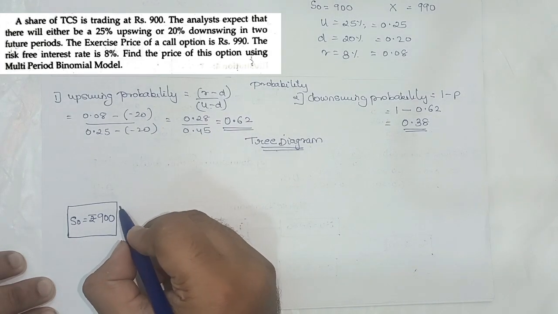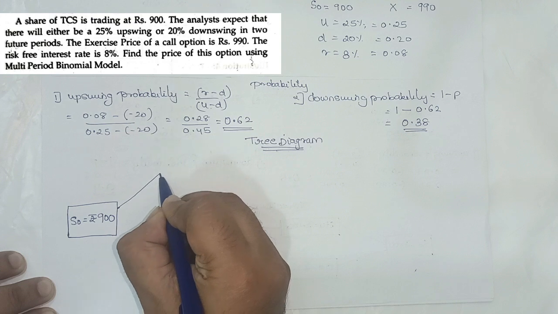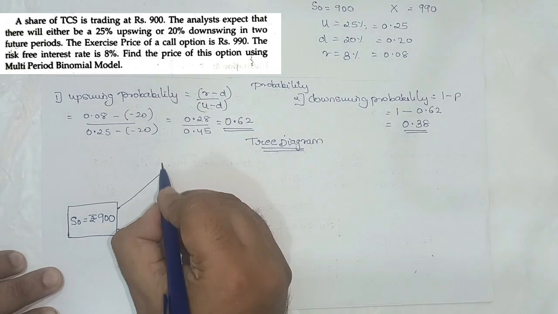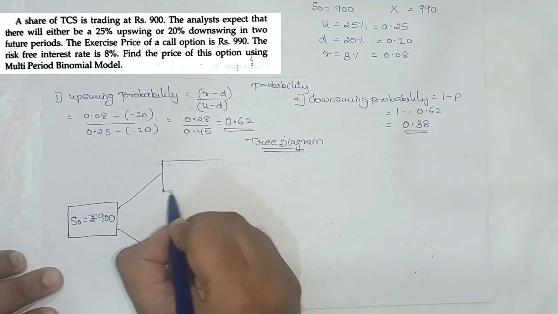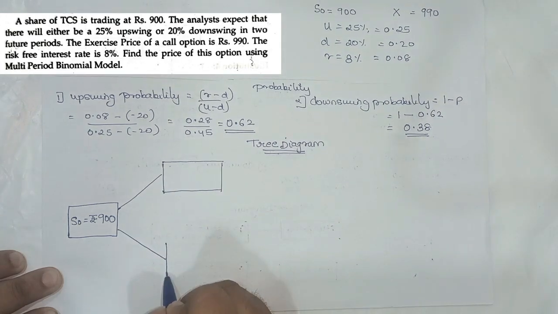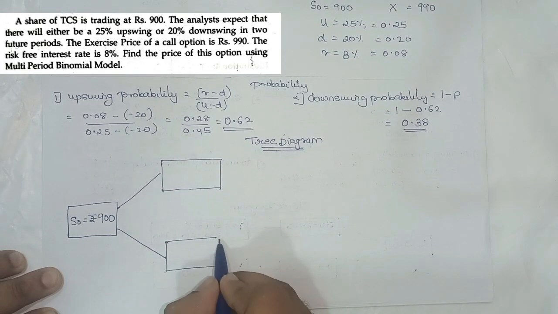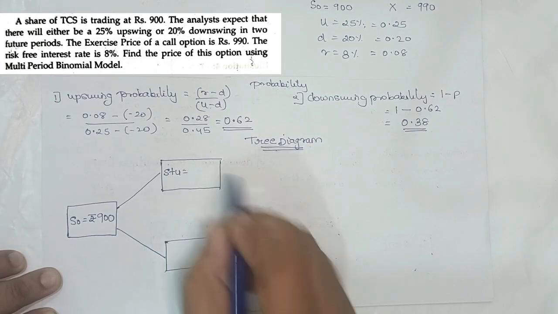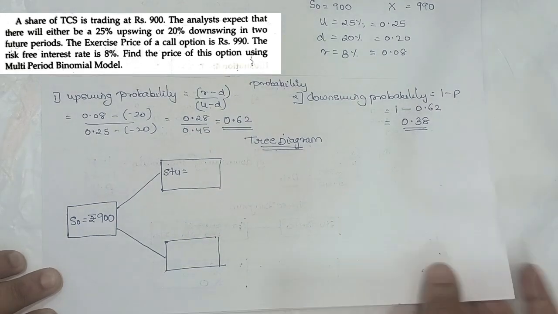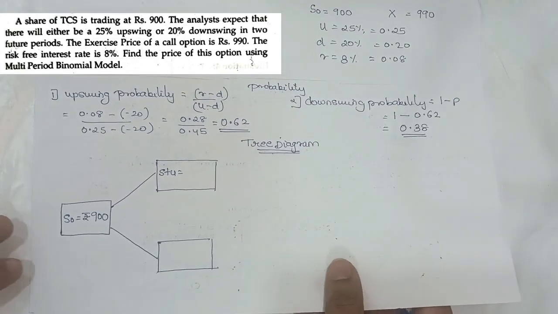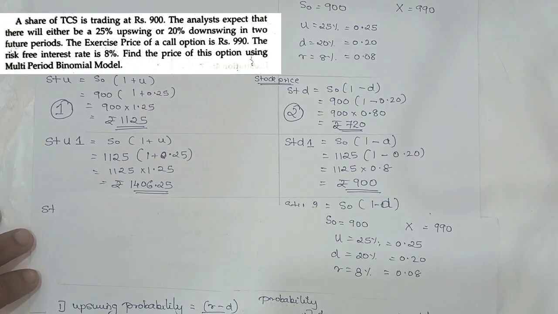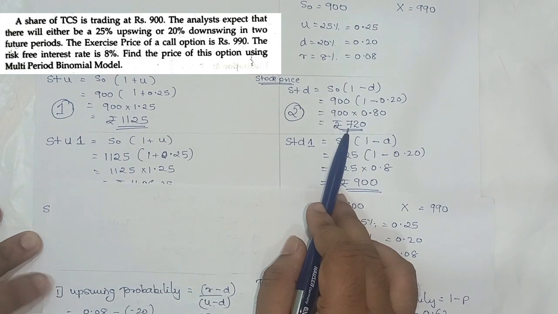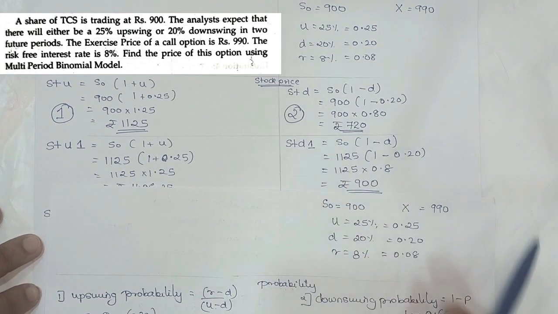Now again, for the first period, we first have to make the first period's stock prices. For the first period we had two stock prices. One was during upswing, one was during downswing. Looking at the sheet where we had found them, during upswing the first period amount was 1125, and the downswing amount was rupees 720.